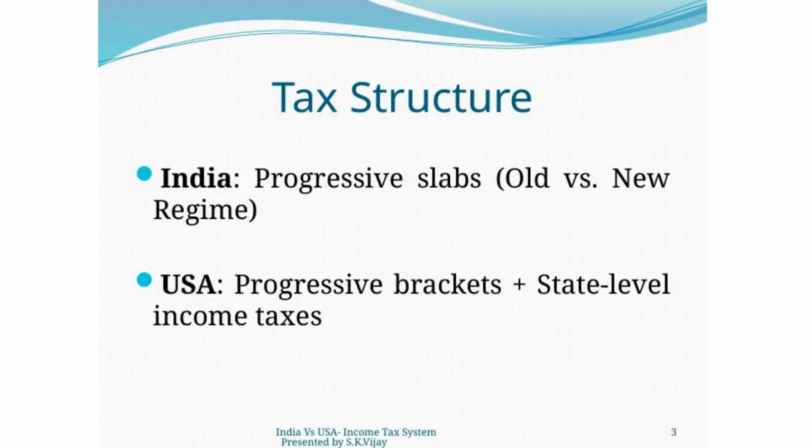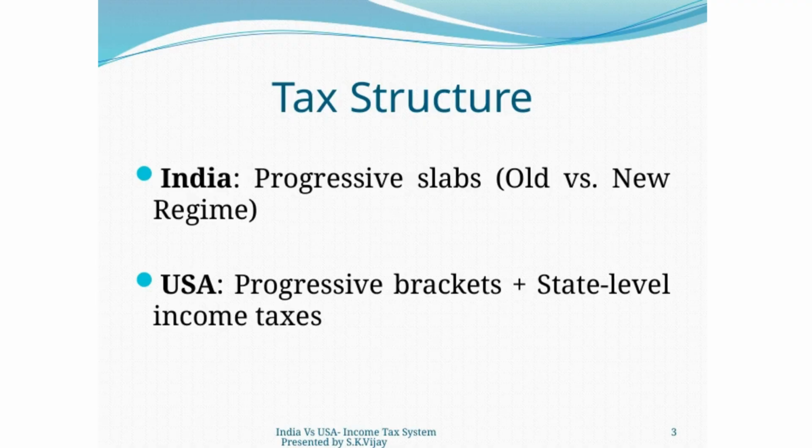Let's take a closer look at the tax structures in India and the USA. Starting with India, the country uses a progressive slab system, which means that as your income increases, the tax rate applied also increases. What's interesting here is that India has an old regime and a new regime, offering taxpayers some flexibility in choosing their tax structure based on their financial planning.